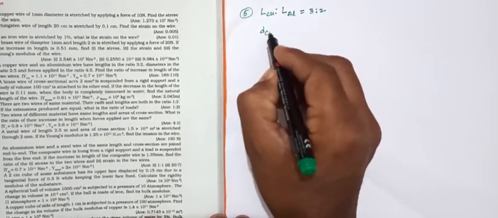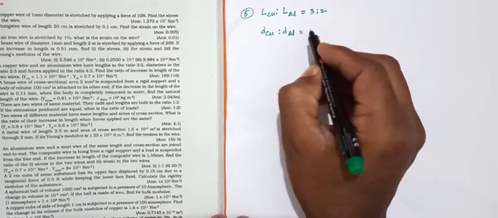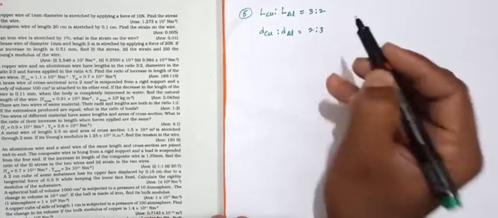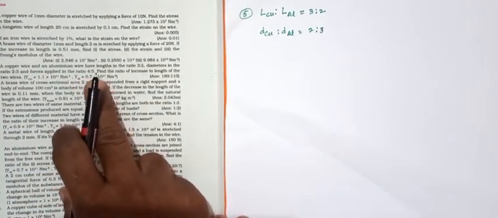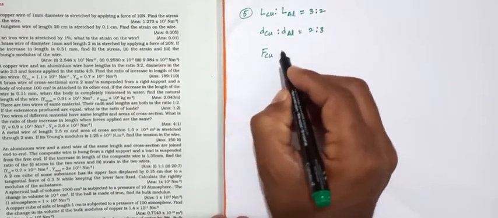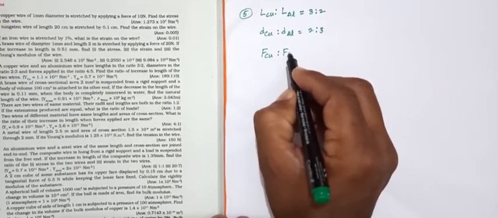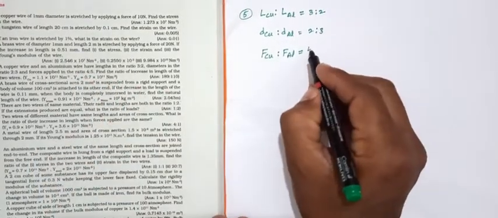The diameter of copper to the diameter of aluminium is 2:3. The forces applied are in the ratio 4:5, so force of copper to force of aluminium is 4:5.